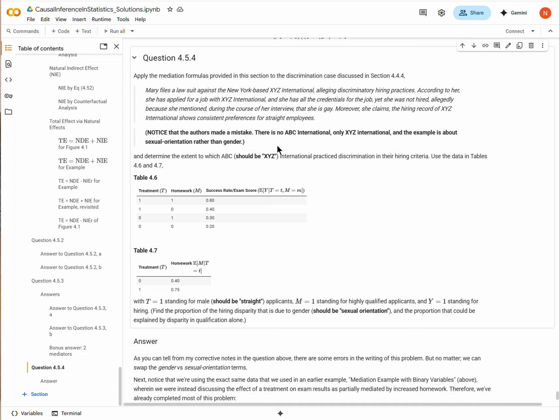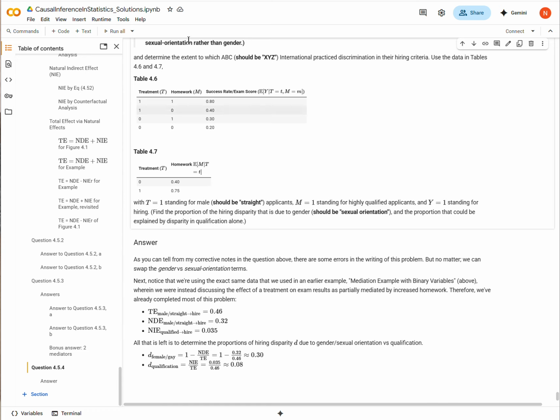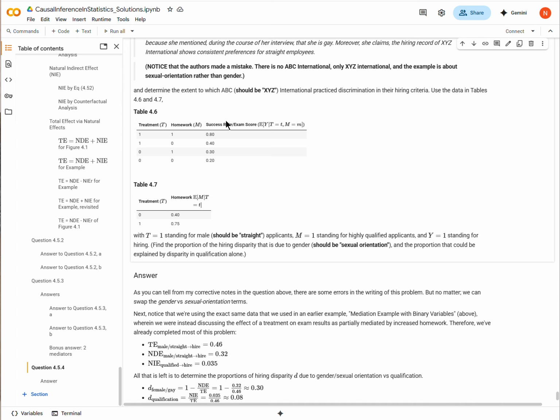We're supposed to determine from that example the extent to which there was discrimination being practiced. And we're supposed to use tables 4.6 and 4.7, which I've reproduced here. What we are supposed to figure out is how much discrimination is taking place against women, or depending on which version you like, against gay people.